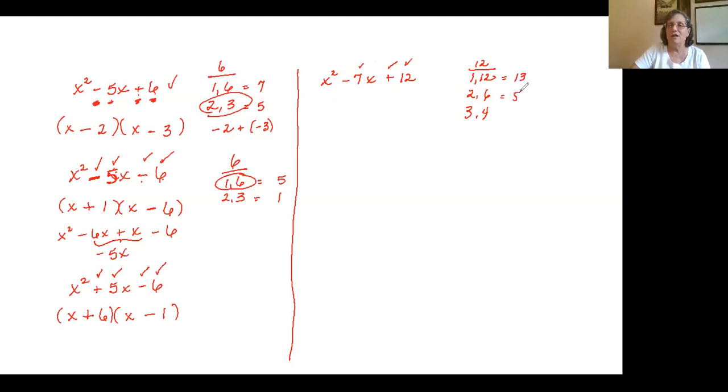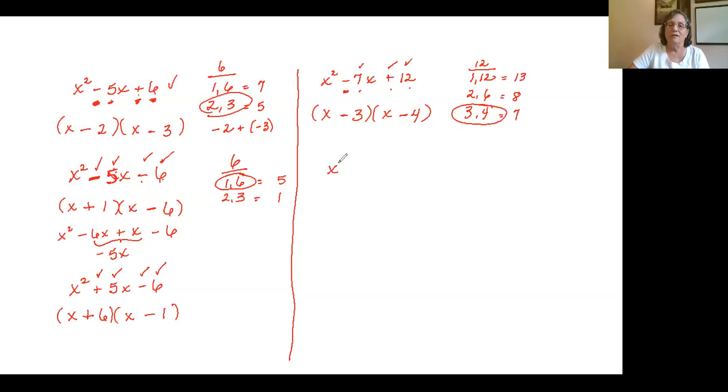This adds up to an 8. This adds up to a 7. Boom. So it's going to be an x and an x. And it's going to be a 3 and a 4. The factors of 12 that add up to 7. And then to get the negative 7 out of a 3 and a 4, it's got to be a negative 3 and a negative 4.